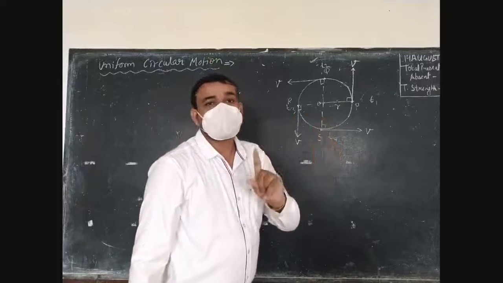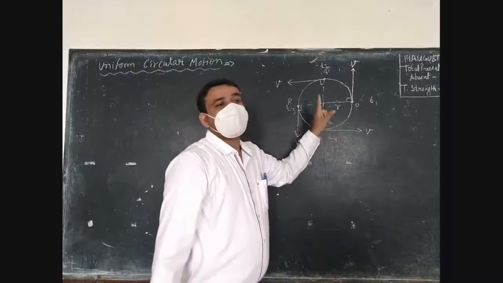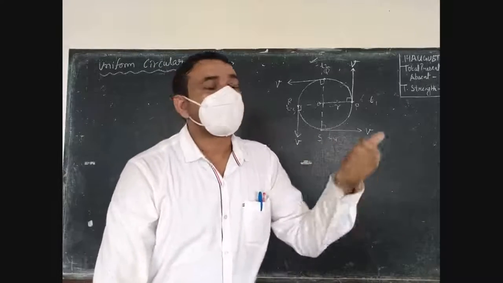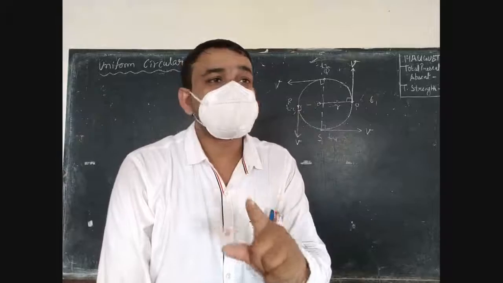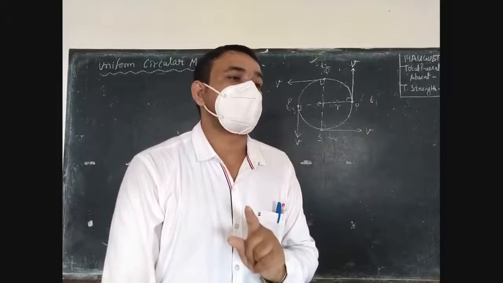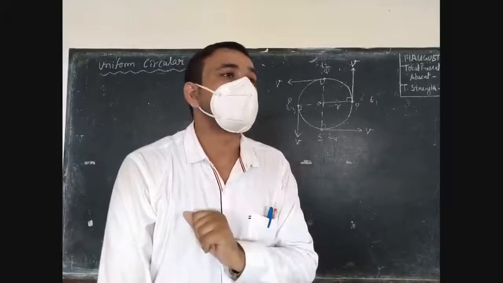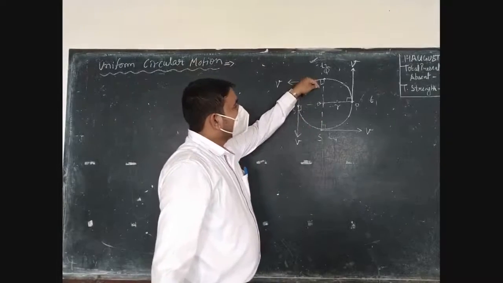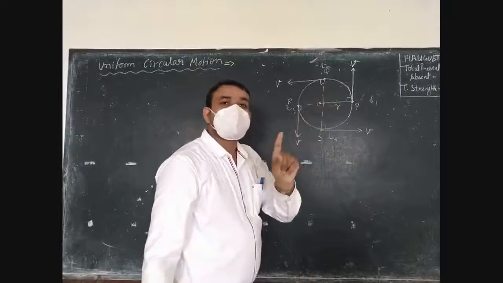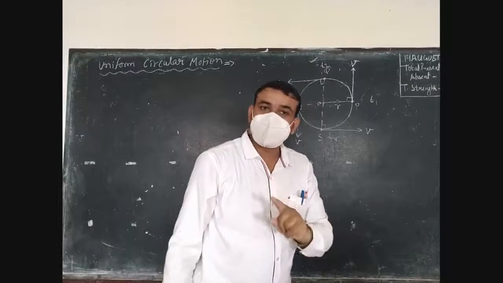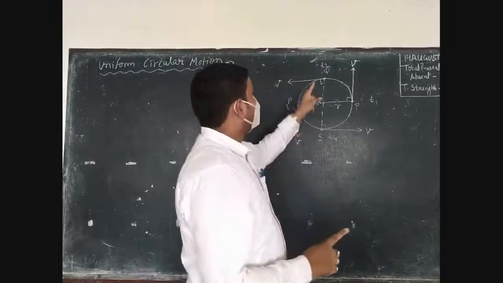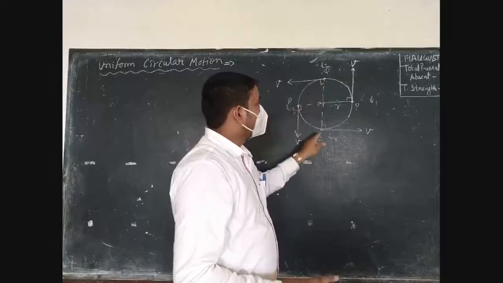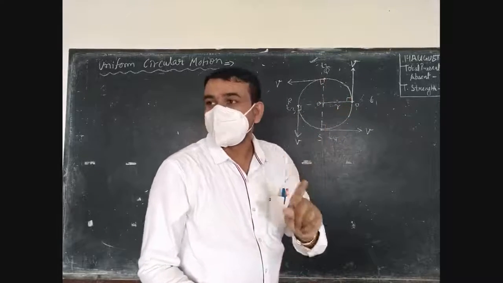The acceleration acting on it is always inward to the center, which keeps the particle in circular motion. So the acceleration is also constant in magnitude, because it is always at 90 degrees, normal to the linear velocity, at every instant of time and in different positions.